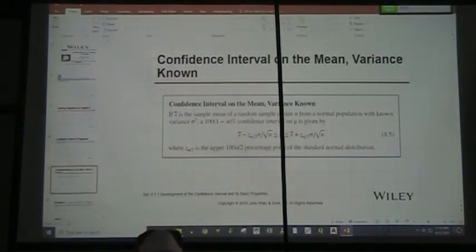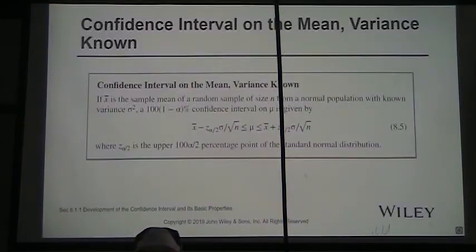All right, so back at the slideshow, you remember our confidence interval, when we know the variance, is calculated as x bar minus z alpha divided by 2 times standard deviation divided by the square root of n, less than or equal to mu, less than or equal to x bar plus z alpha divided by 2 times the standard deviation divided by the square root of n.